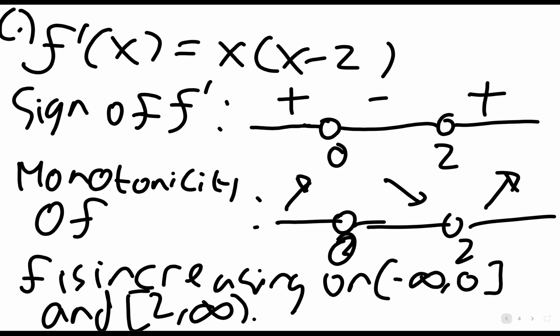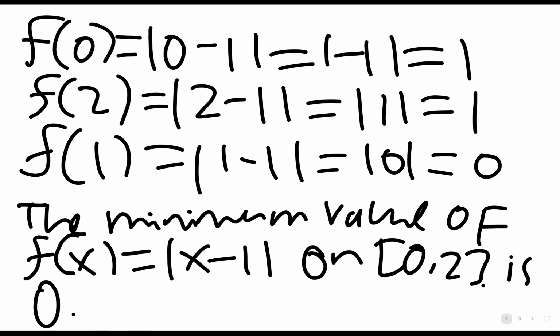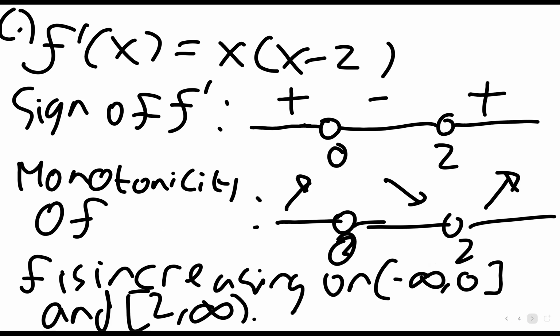After 0, namely when x is greater than 0 and less than 2, the function is decreasing. So after increasing and then decreasing, obviously f(0) is a local maximum value.